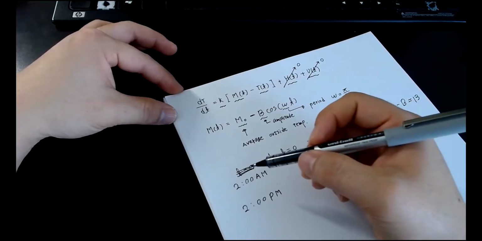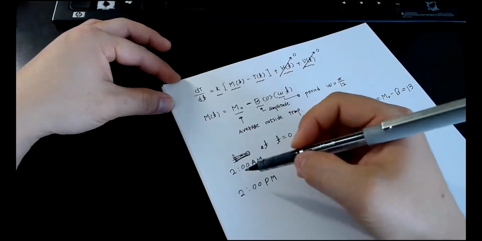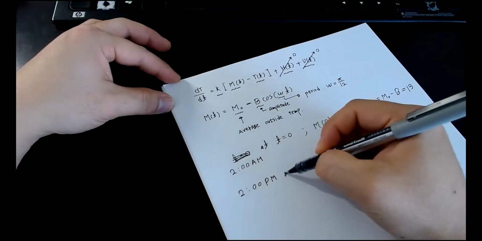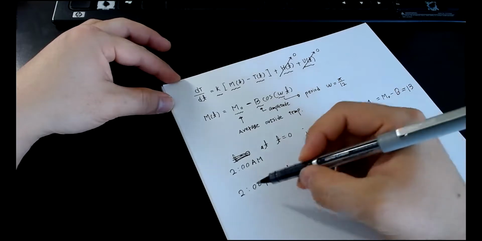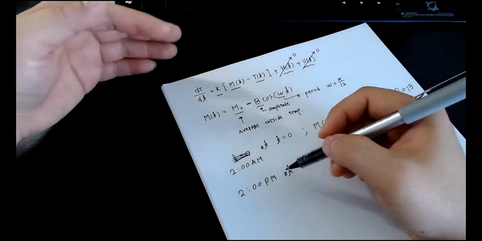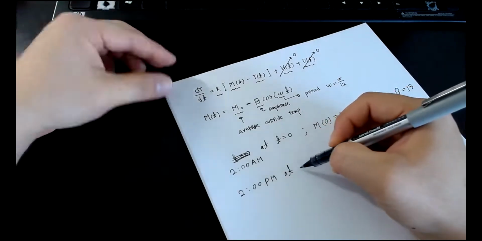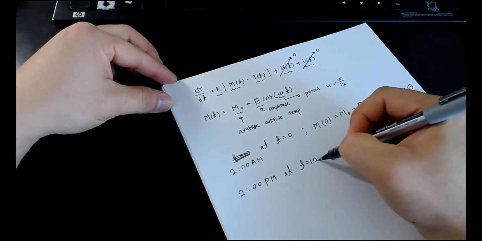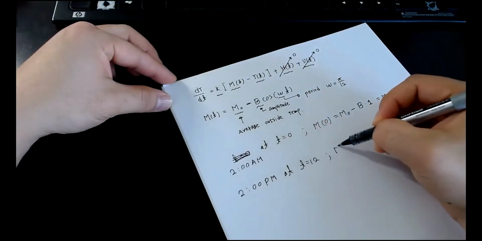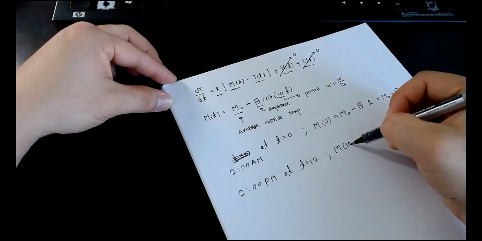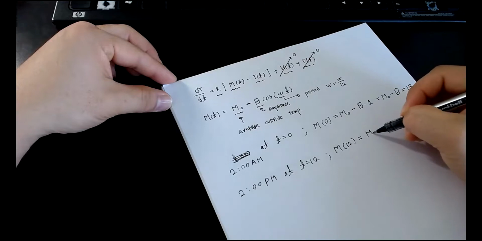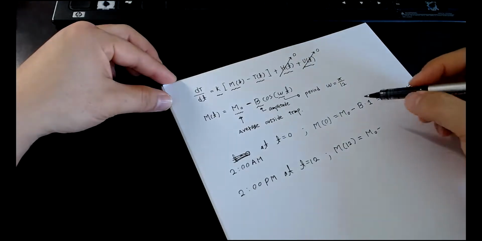What's the duration between 2 a.m. and 2 p.m.? It is 12 hours. So to reach 2 p.m., t must be 12, because there is a 12-hour difference between 2 a.m. and 2 p.m. So m of 12 must be equal to m0 minus b times cosine of 12 omega.